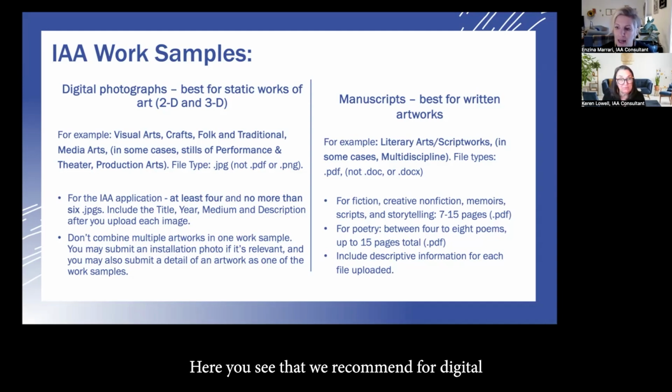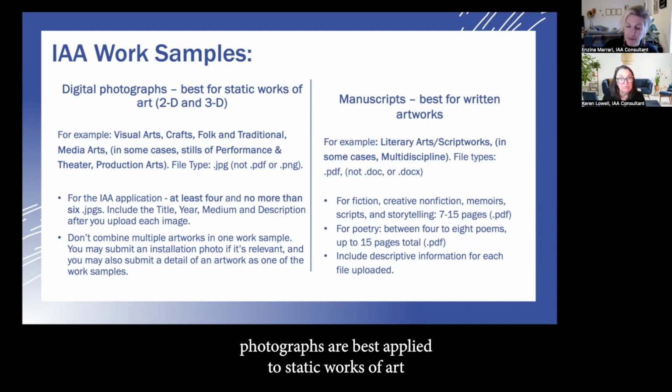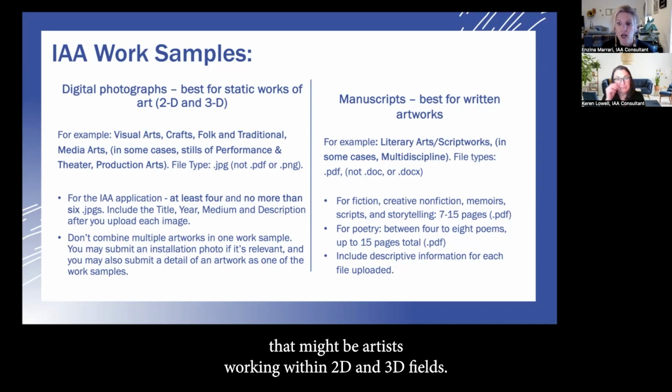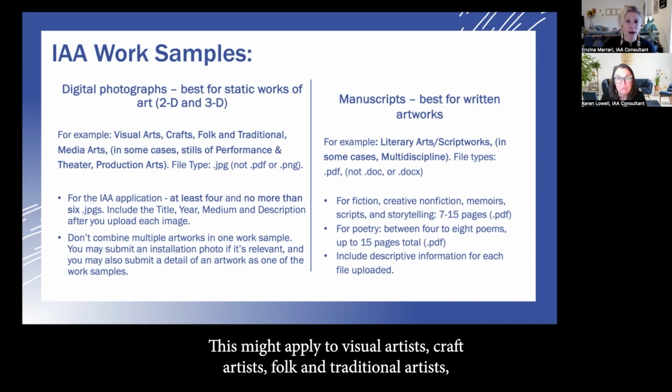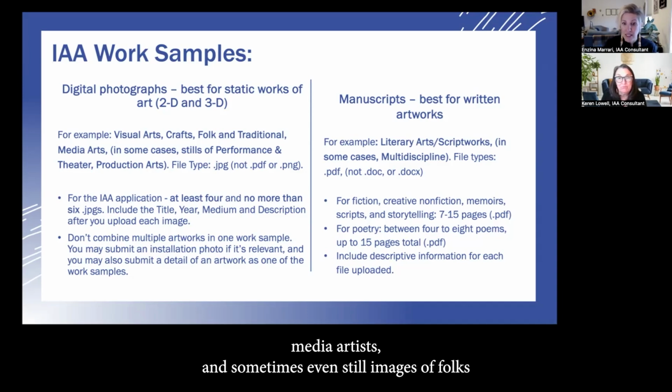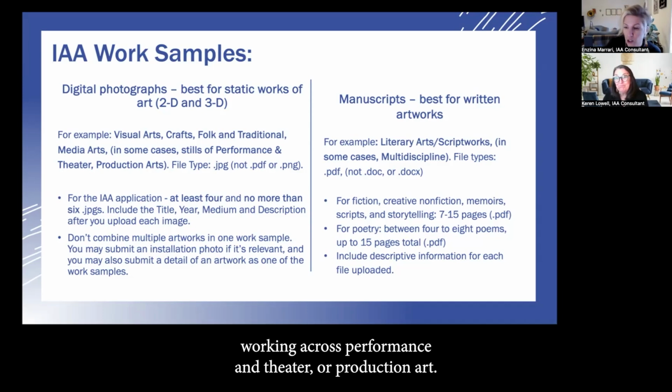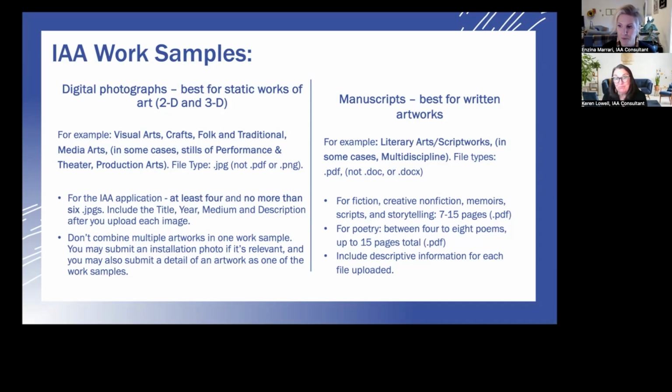Here you see that we recommend digital photographs are best applied to static works of art. That might be artists working within 2D and 3D fields. This might apply to visual artists, craft artists, folk and traditional artists, media artists, and sometimes even still images of folks working across performance and theater or production arts.